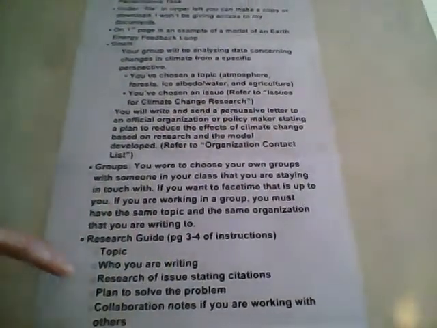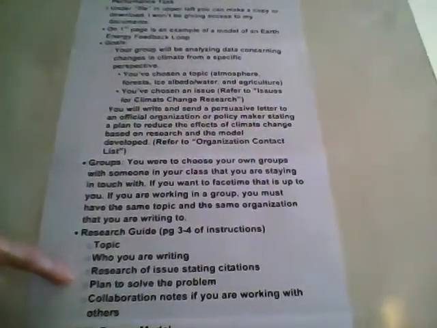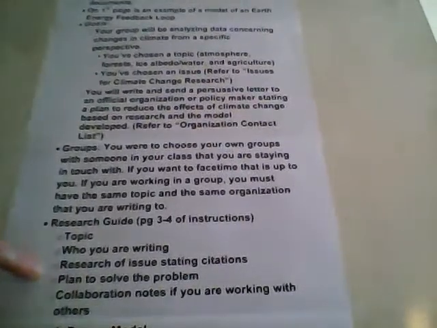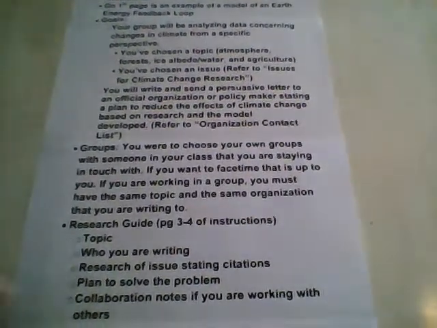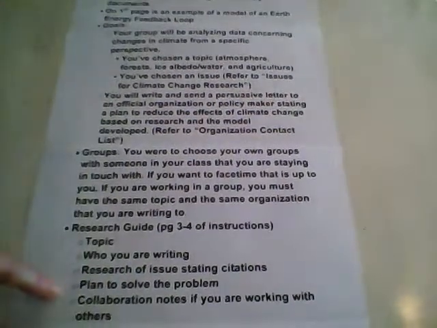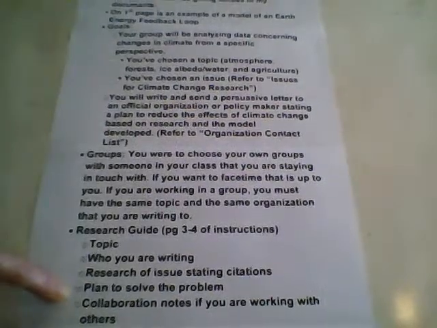But who you're writing to, you need to get that on that form and research the topic that you chose. What are the problems? That way you can come up with a plan to solve the problems. Then, if there are other people in your group, you have to collaborate with the others in your group and then submit that.